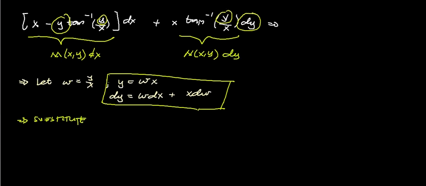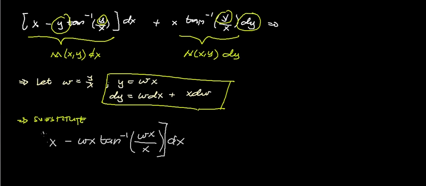Okay, so let's try. We have x minus our y, which is wx, and then arctangent of y, which is wx all over x, times dx.